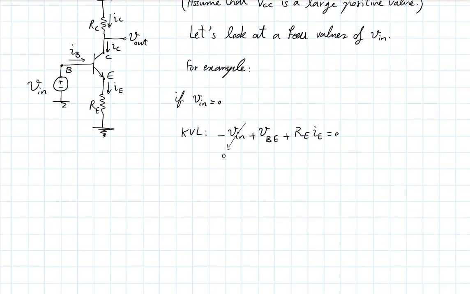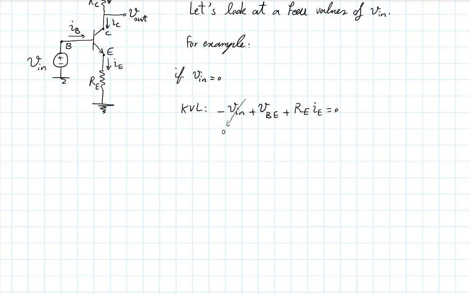Why is that? Why can I conclude from here that both VBE and IE are 0? Yes, but why can I not have a negative VBE and a positive IE?